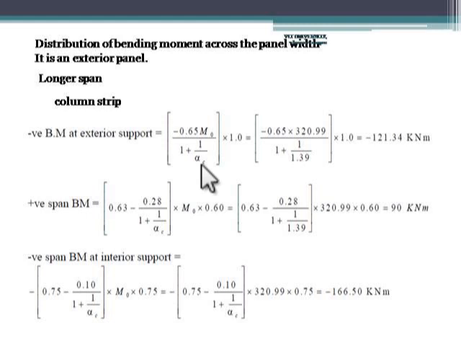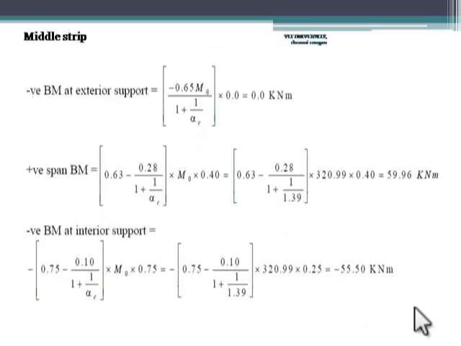For longer span, negative bending moment at exterior support, from this formula we got minus 121.34 kilonewton meter. For positive span bending moment we got 90 kilonewton meter. Negative bending moment at interior support we got minus 166.50 kilonewton meter.